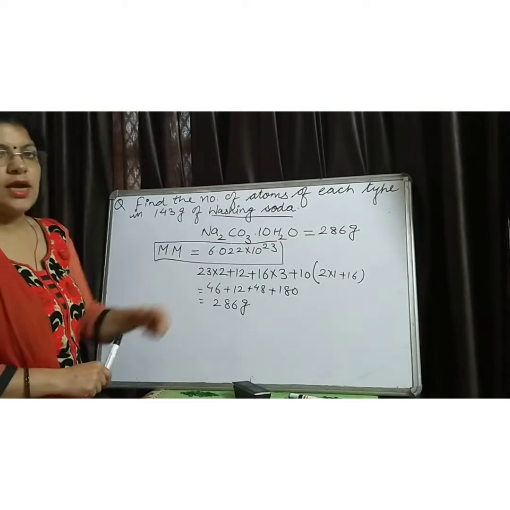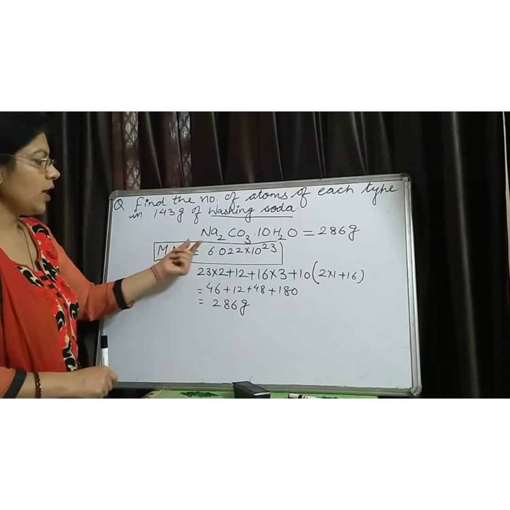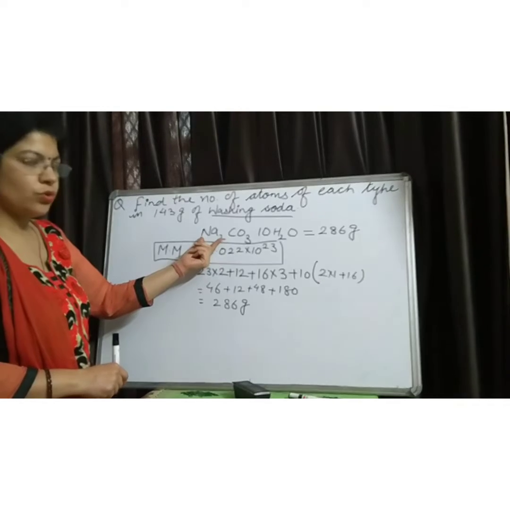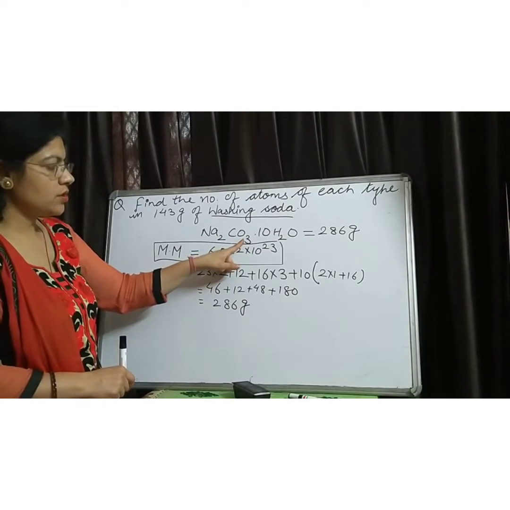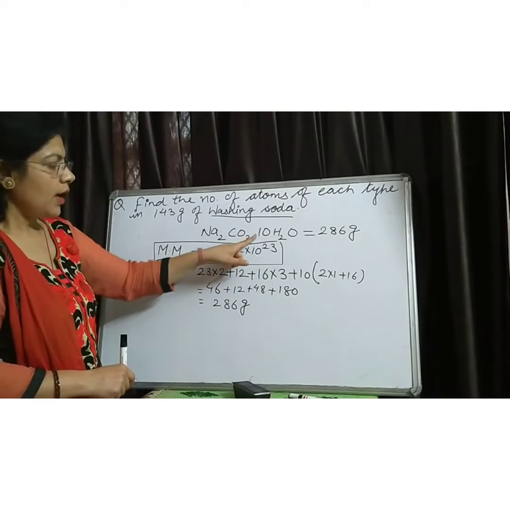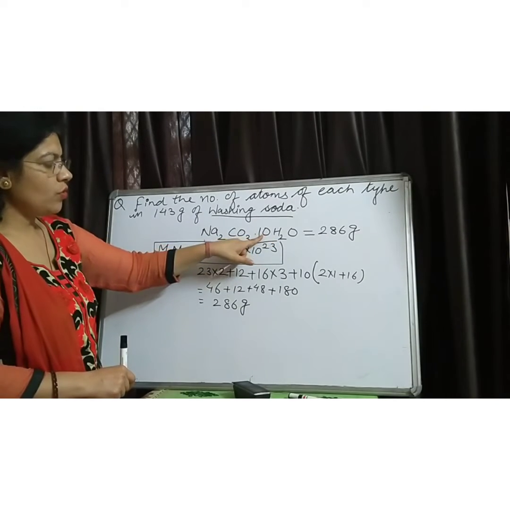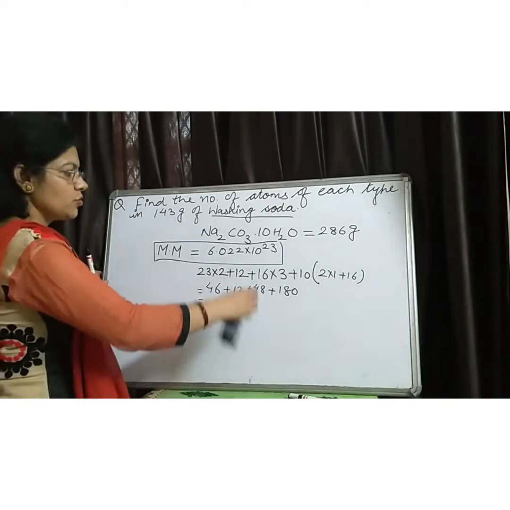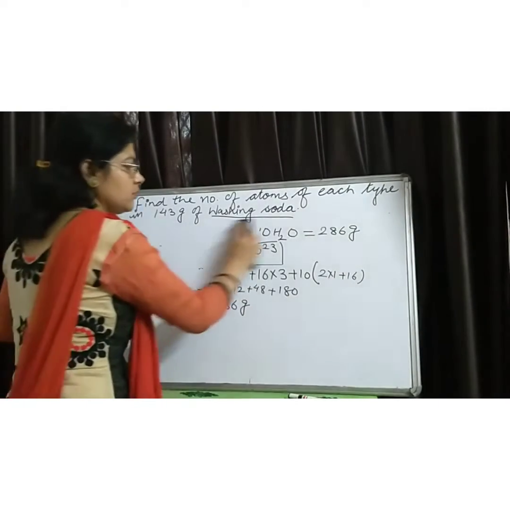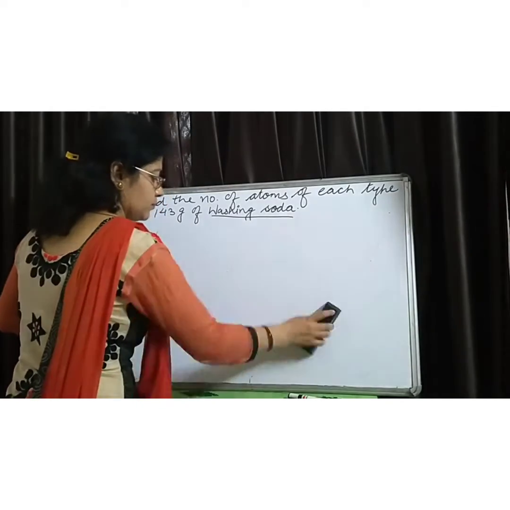In 286 gram of washing soda there are 2 moles of sodium, 1 mole of carbon, 13 moles of oxygen and 20 moles of hydrogen atoms present. So let us calculate these atoms one by one.